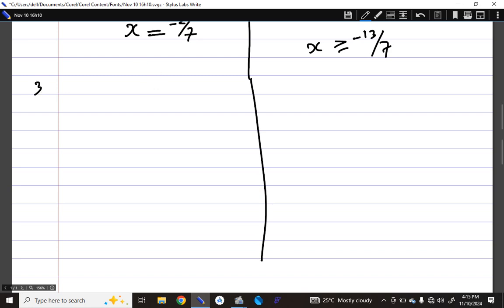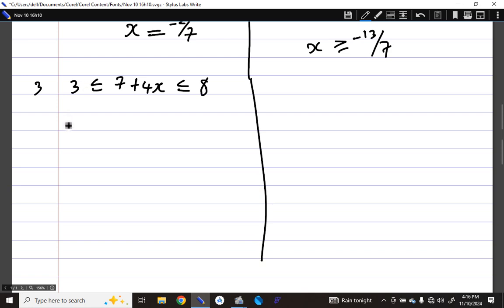So question number 3 here said that 3 is less than or equal to 7 plus 4x, which is less than or equal to 8. Now in this case, we are going to separate the two of them, or we can directly solve it here if we like.